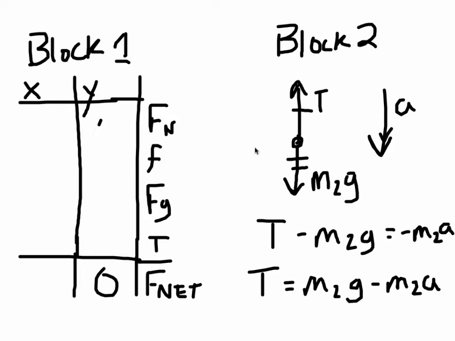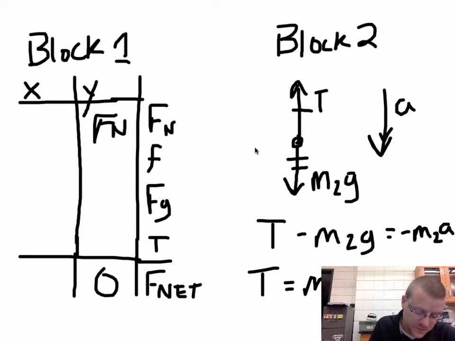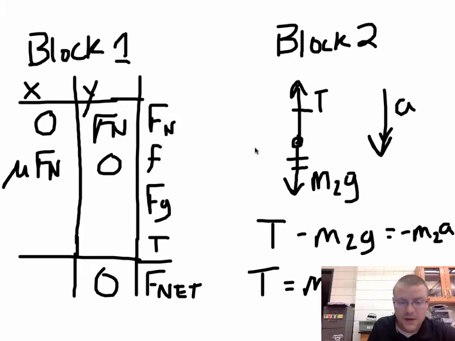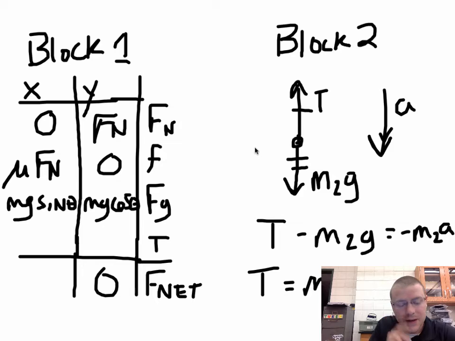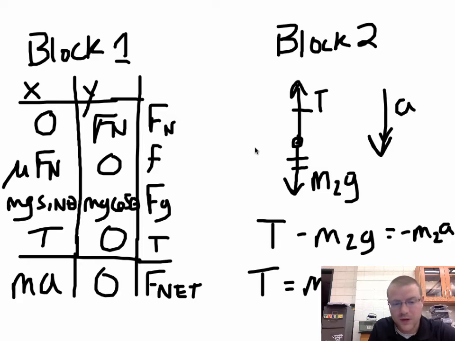So we're going to go over and look at block 1. Normal force is just in the y direction. The frictional force is just in the x direction. Gravity is one of those angled pieces, and tension is in the x direction. So when we look at all these, we know that the block 1 is going to accelerate in its horizontal direction up and over the hill, if that force can be stronger than the force of friction.